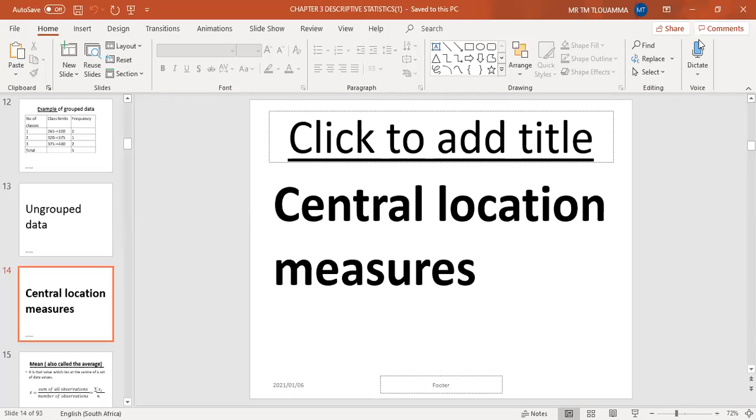You're going to calculate them using the two different types of data, ungrouped data and grouped data, because their formulas won't be the same. You won't use the same formulas. So now we're going to start looking at the ungrouped data, the central location measures, starting with the mean.